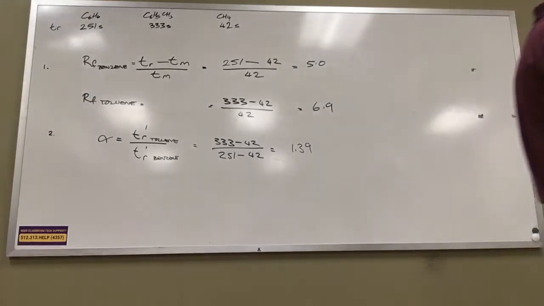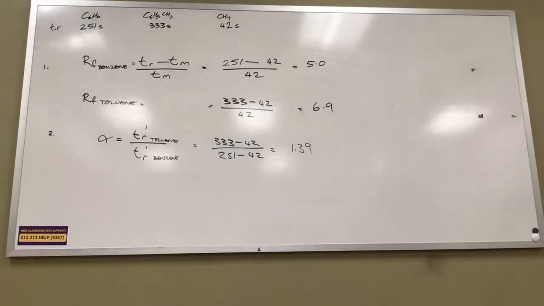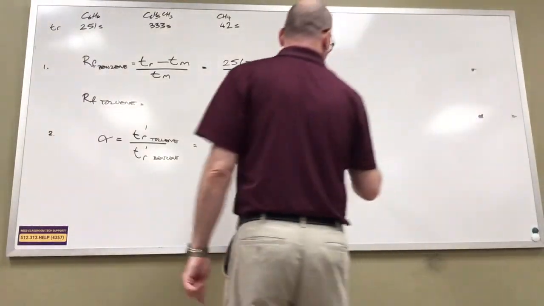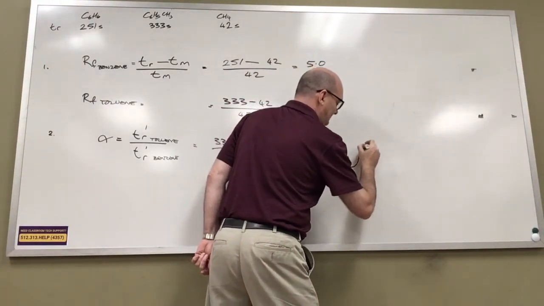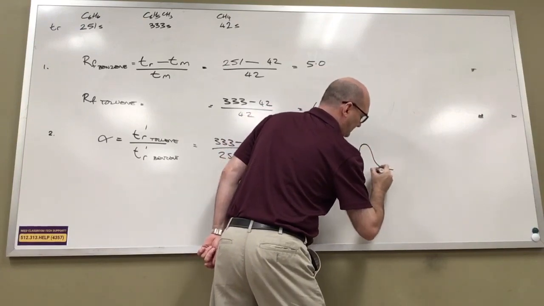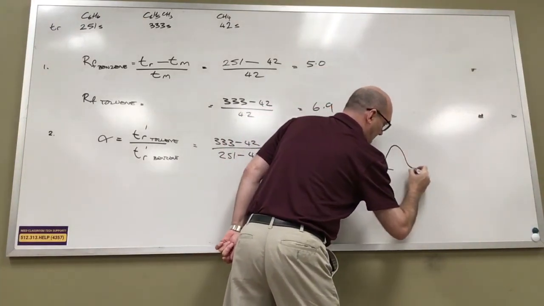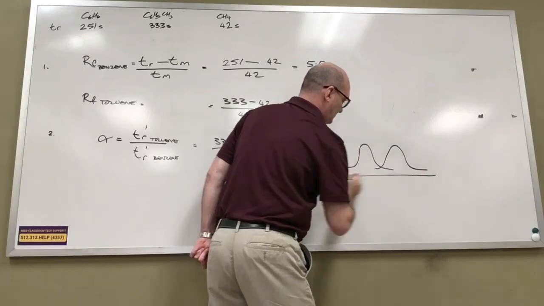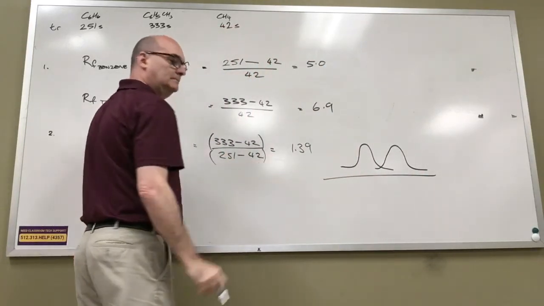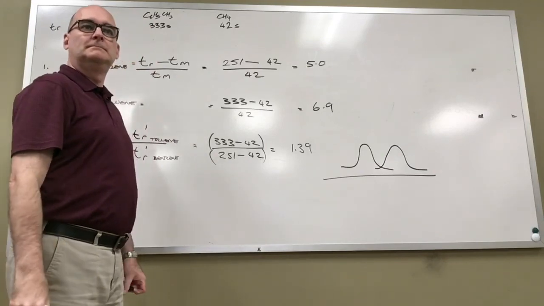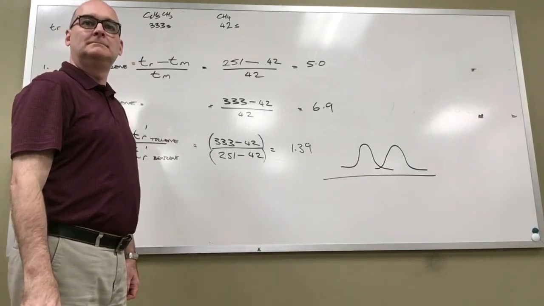Comment on the value of the separation. That's almost okay. It's almost good. Okay, how'd you get 1.39? It should be like order of operations. Oh, I see what I did by mistake.